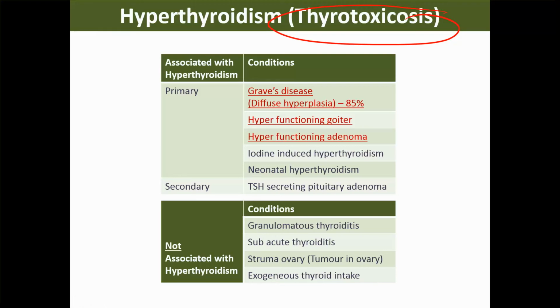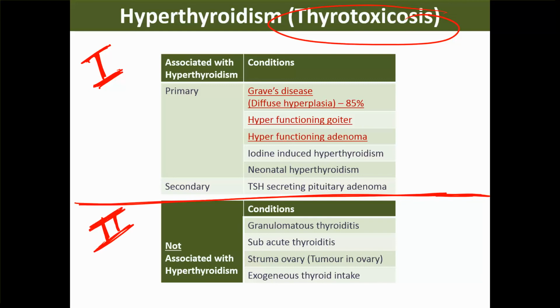We are going to divide this concept into two large categories, numbered Roman numeral 1 and Roman numeral 2. In category number 1, the thyroid gland is hyperfunctioning.